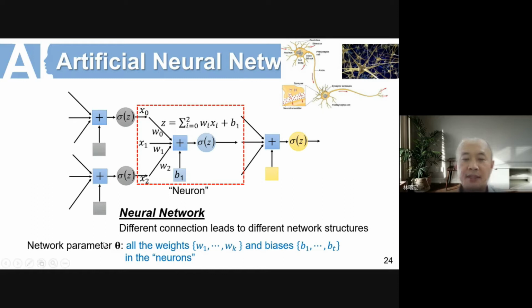The unknown parameters are all the weights on the connections, and all the biases attached to the neurons. So here, the weights from W1 to WK and the biases from B1 to BT are the unknown parameters in the neuron. When we train the model using the training data set, it means we use the training data set to solve those unknown weights and unknown biases.